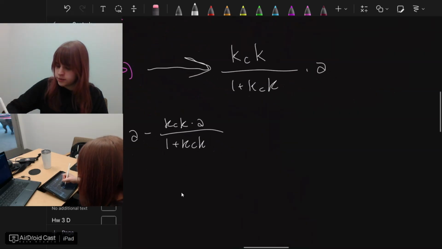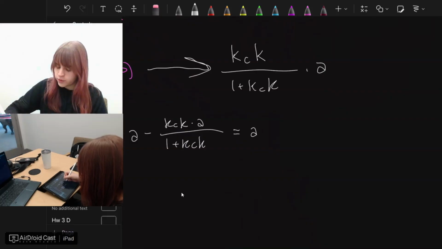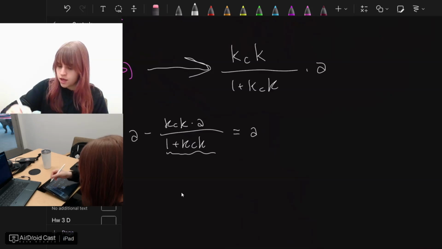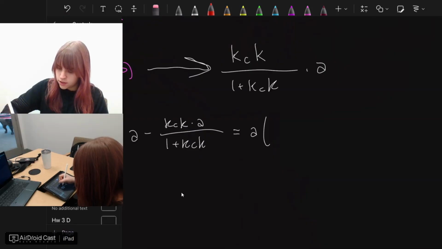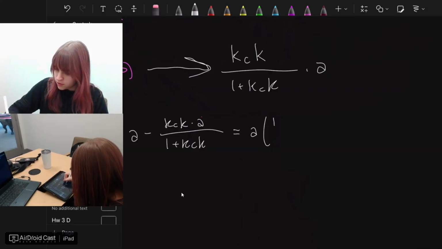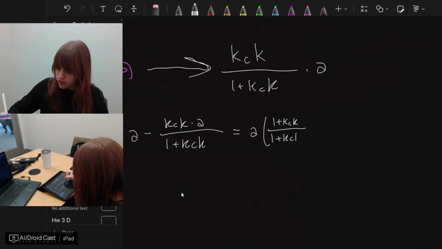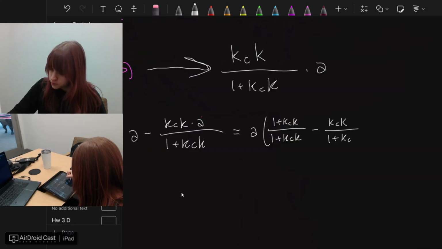And then to get a common denominator, we're just going to multiply by the 1 plus KCK in the denominator. And from this a right here, we have a (1 plus KCK) over 1 plus KCK. And we need to subtract this right there.